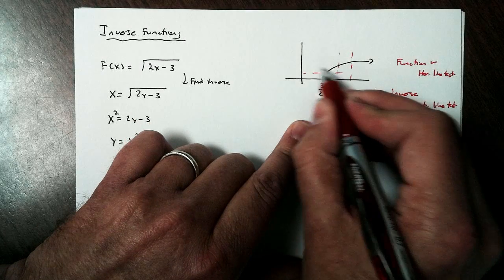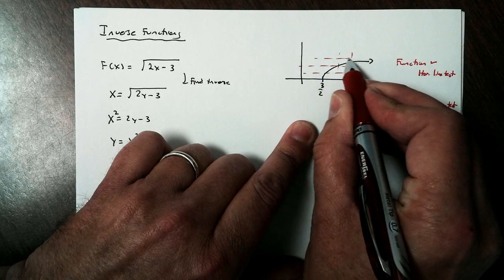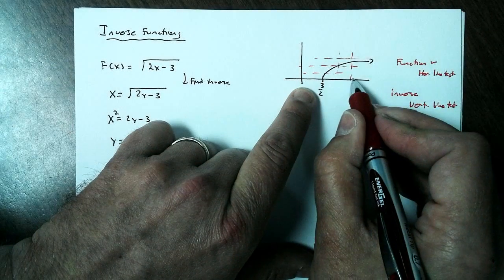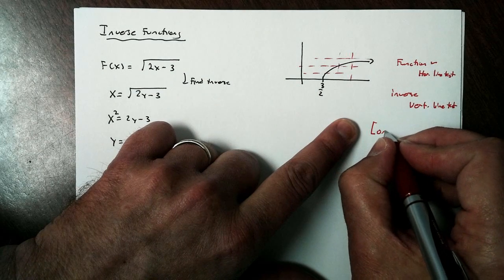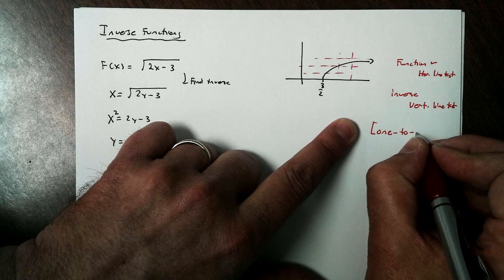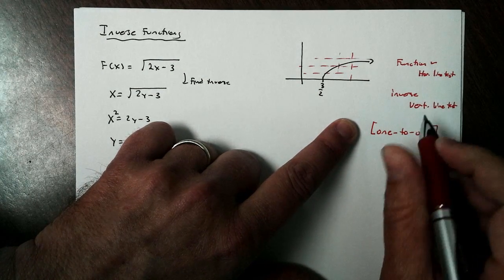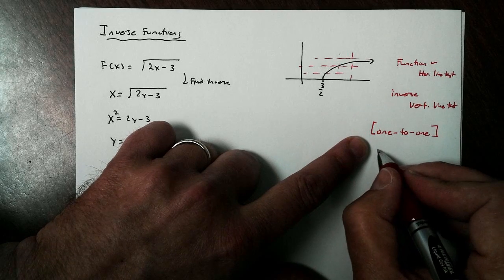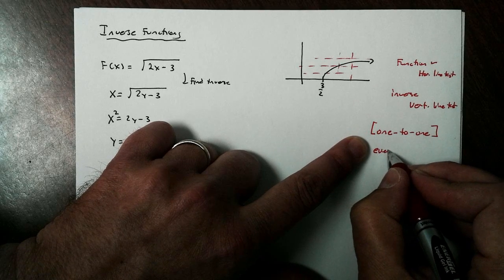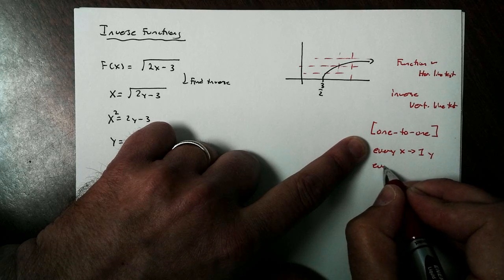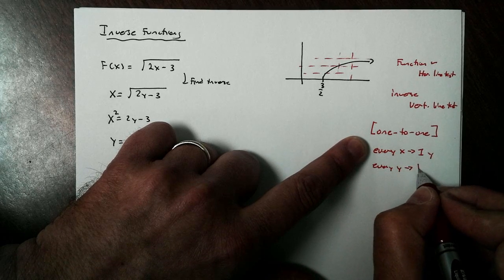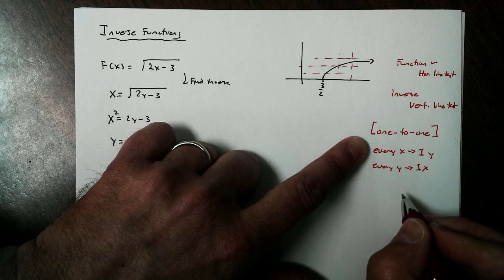In other words, we have to only touch the function exactly one time on a vertical line as well as a horizontal line. This is something we call one-to-one. And in a nutshell, what one-to-one means is for every x, there's exactly one y. For every y, there's exactly one x.